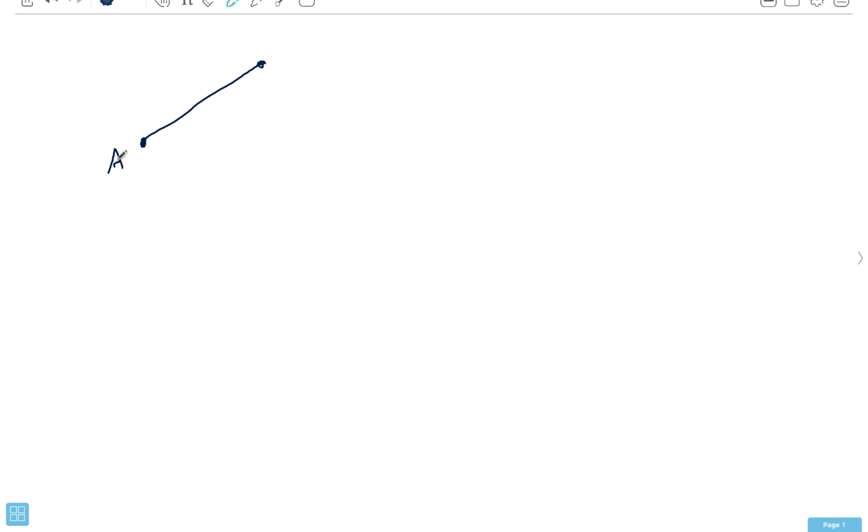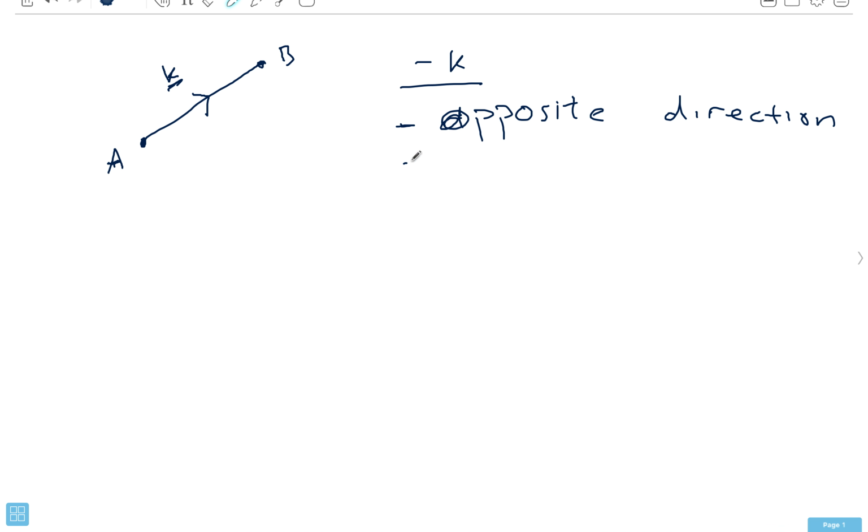If I have the bound vector AB, and AB represents the free vector k, then, as we said, the negation of the free vector is the free vector minus k, which has the opposite direction, but the same length.